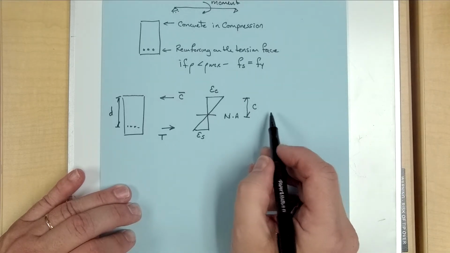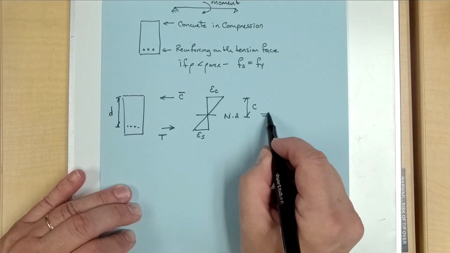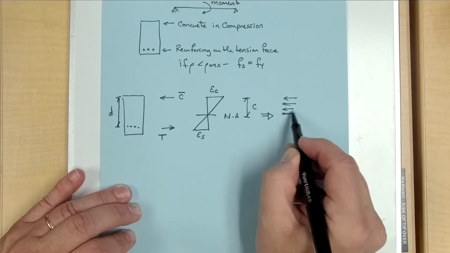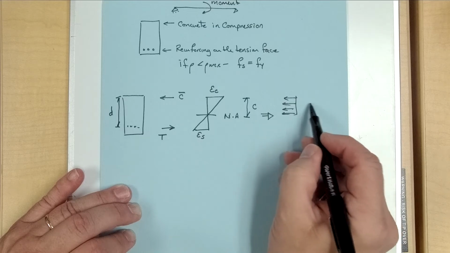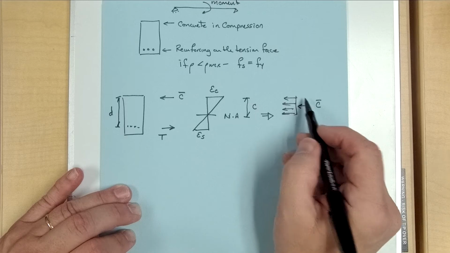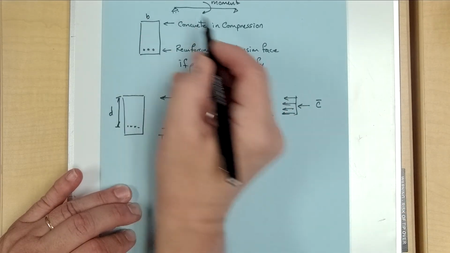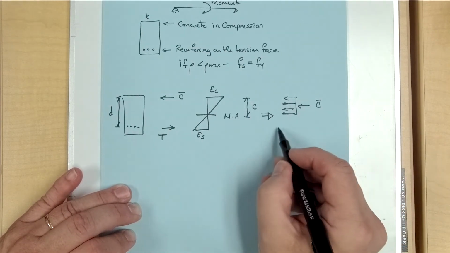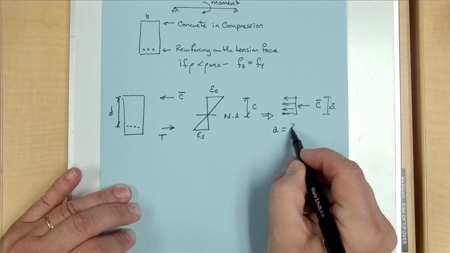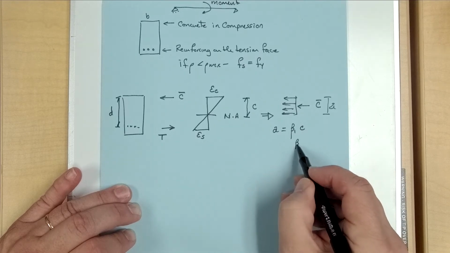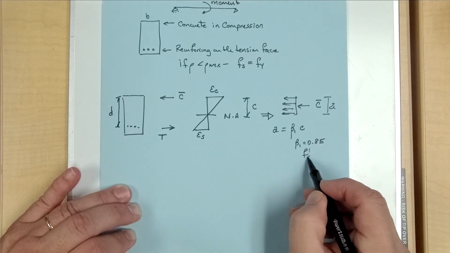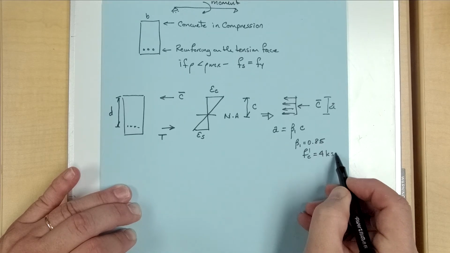And we make an assumption that the Whitney stress block is acceptable. So our compressive force has a width of the beam B, and A, which is the depth of the Whitney stress block, is equal to beta 1 times C, and beta 1 is equal to 0.85 for f prime c equal to 4 KSI.